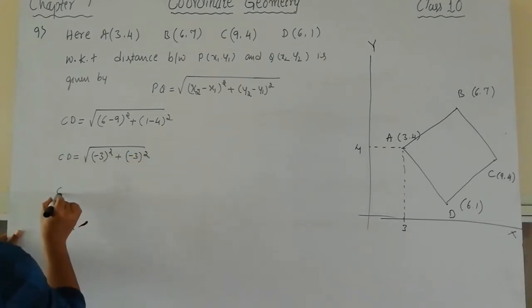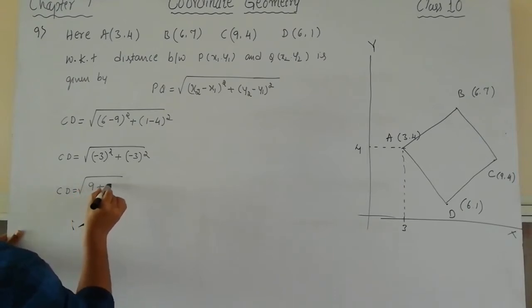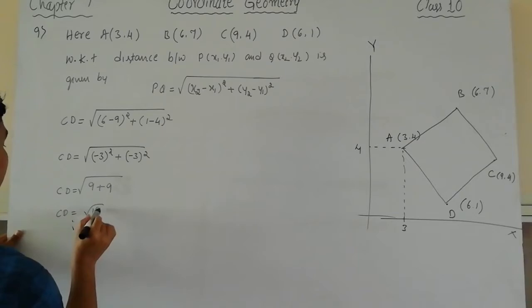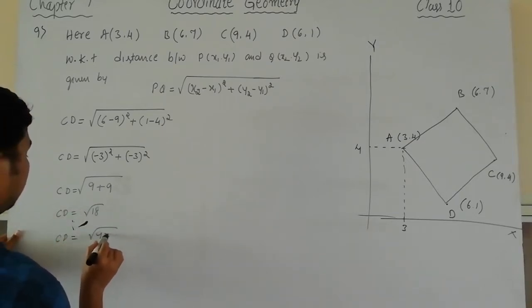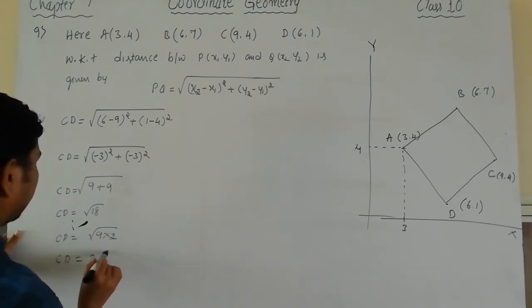Negative becomes positive on squaring, that's why 9 plus 9. CD is equal to root 18, which is square root of 9 into 2, and then CD is once again 3 root 2 units.